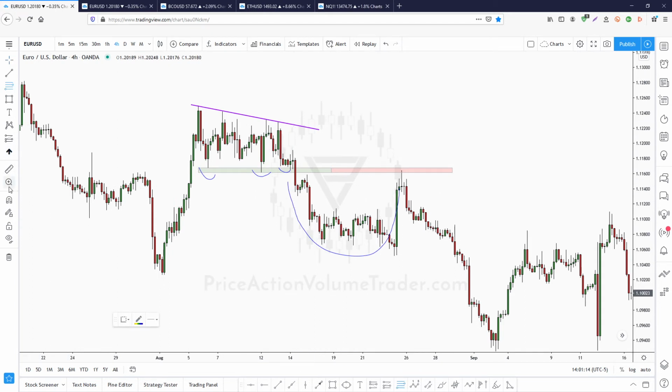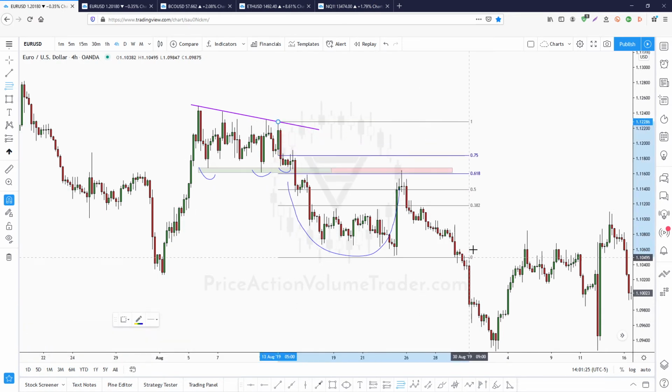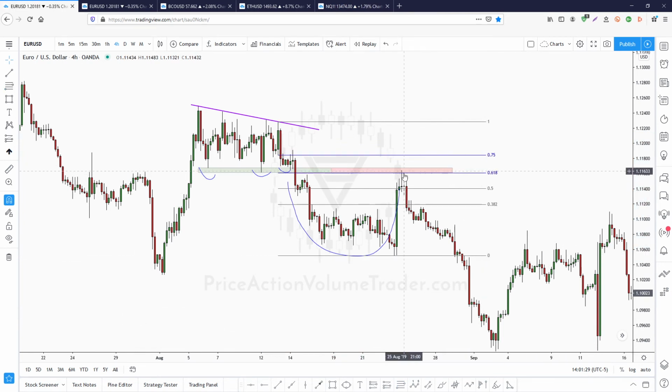We would take the Fibonacci from the last prominent swing high, I would say this one. And again, we can see a perfect retracement into the 61.8 level.